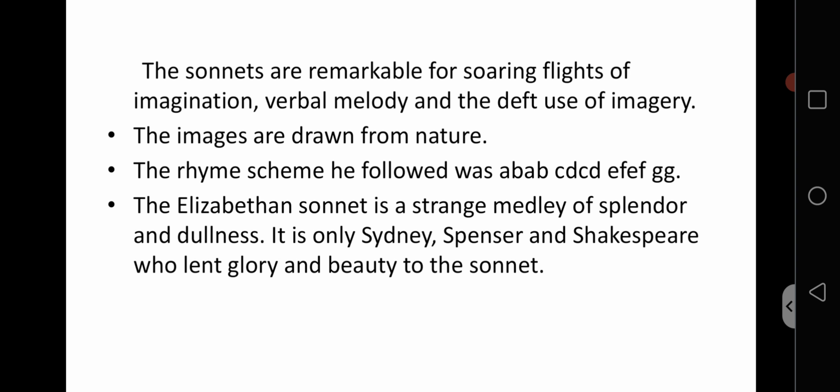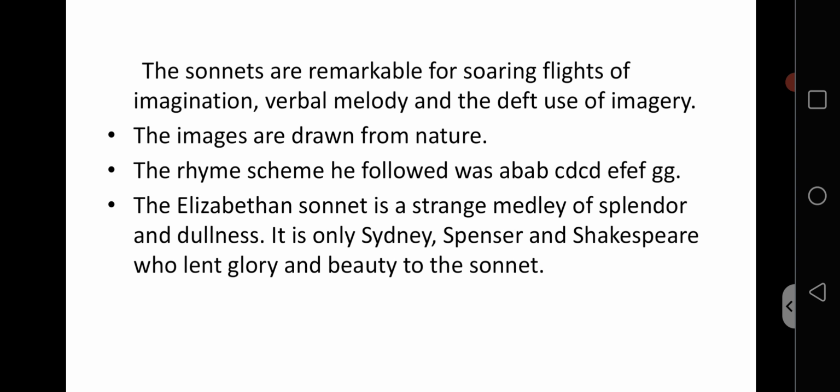The sonnets are remarkable for soaring flights of imagination, verbal melody, and the deft use of imagery. Shakespeare's sonnets are very beautiful sonnets because of their soaring flights of imagination. Imagination, kalpanikate. Soar means haru. Melody, impada Sangita.